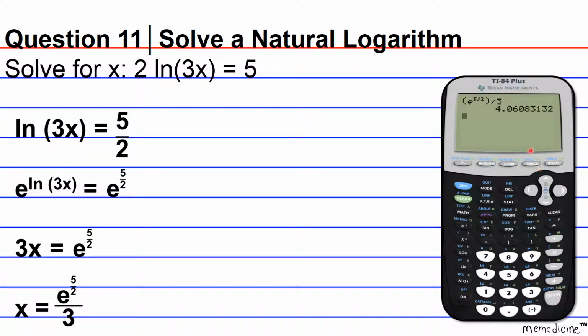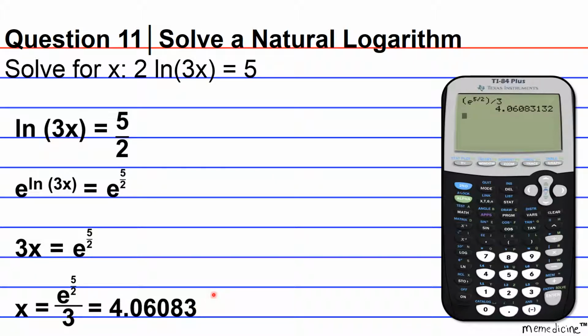And once we do that, we get an answer of 4.060083, and so on. We can cut off our answer at the ten-thousandths place, just because I like where that sits. And we get that our answer is 4.0608.